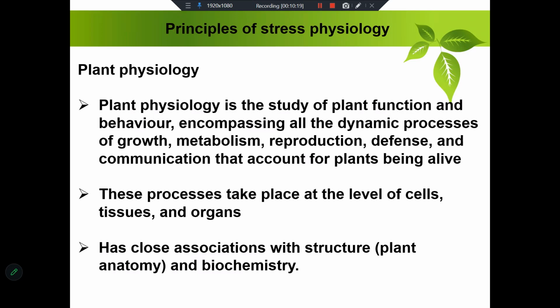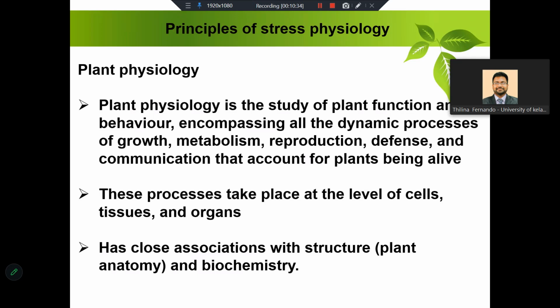Respiration, the same thing. Growth and development: in growth, there will be synthesis of certain biochemicals, and because of that there will be an irreversible increase in the size of the cell. That is what we call growth.